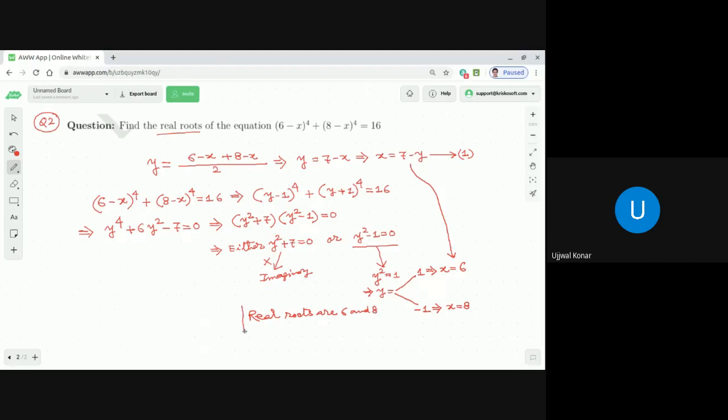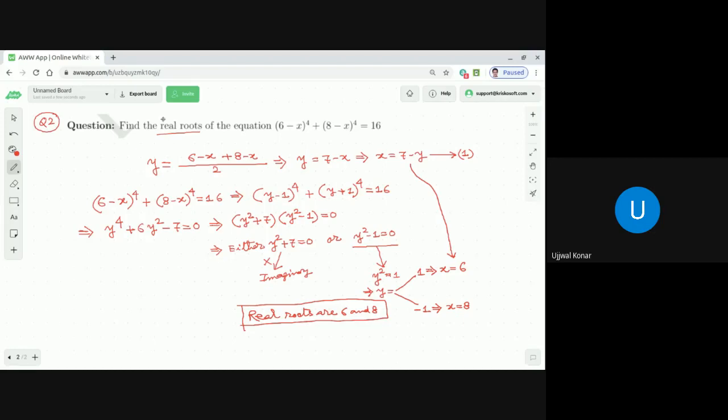And we can see this problem in multiple ways, okay? Originally this equation is a biquadratic equation. As it is a biquadratic equation, it has four roots, real or complex. We found two roots. The other two roots will be imaginary, but they will come as complex conjugates, and we will get them if we do y square plus 7 equal to 0.